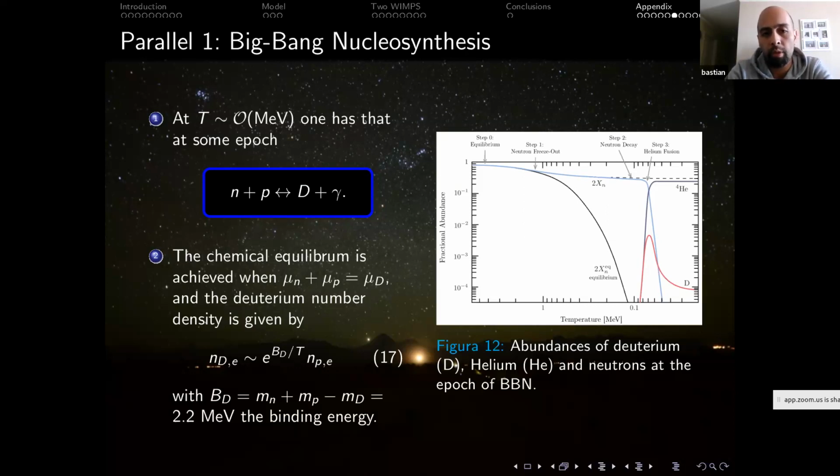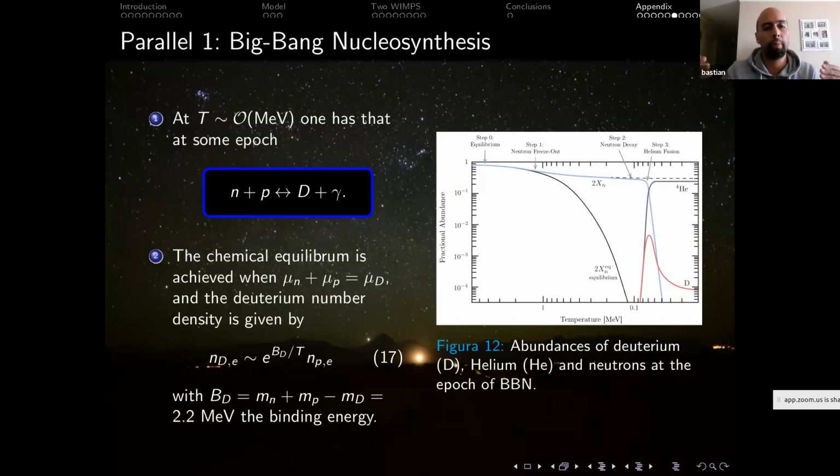When you see this, for some time this process was in chemical equilibrium, in the sense that their chemical potentials fulfill this expression in the paragraph. So here the bouncing is exactly the same.